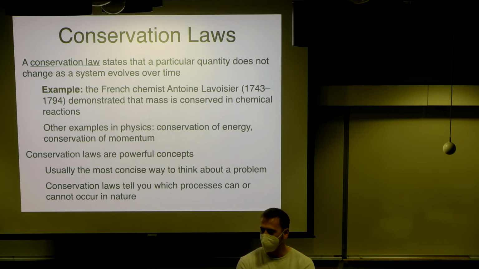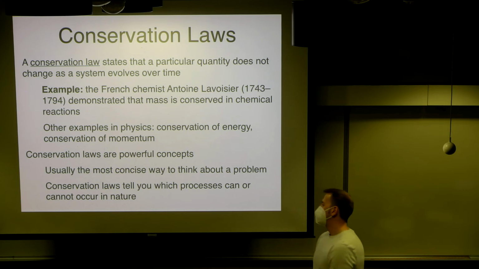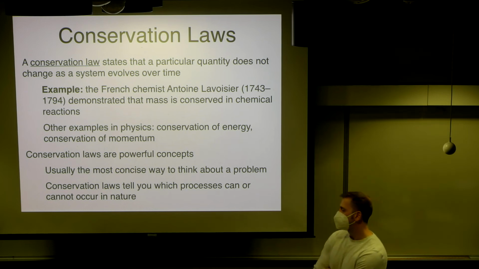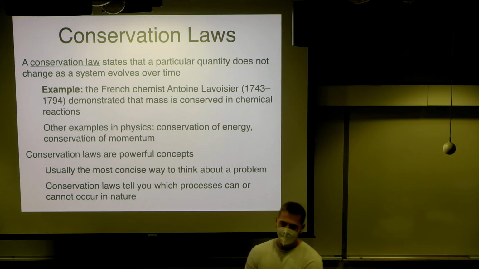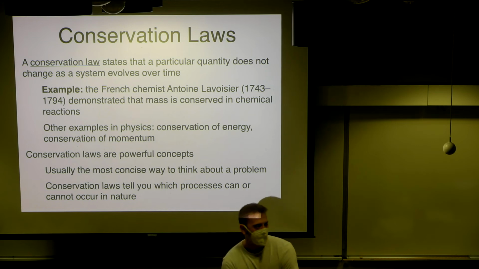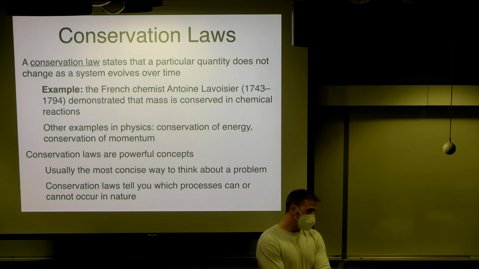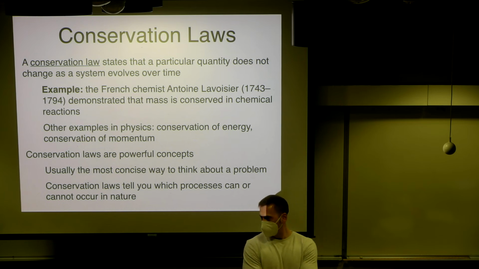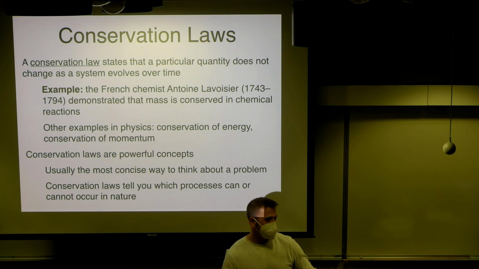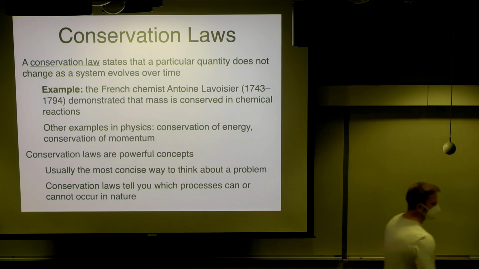If you can identify some kind of conserved quantity, that's usually the quickest way to get to the answer. Also, conservation laws are powerful because they tell you what's possible and what's not possible. It's possible for something to happen as long as it obeys all the different conservation laws. If you can think of something that may happen, but it breaks a conservation law, you know that that's not actually possible. So that's kind of the thinking here.